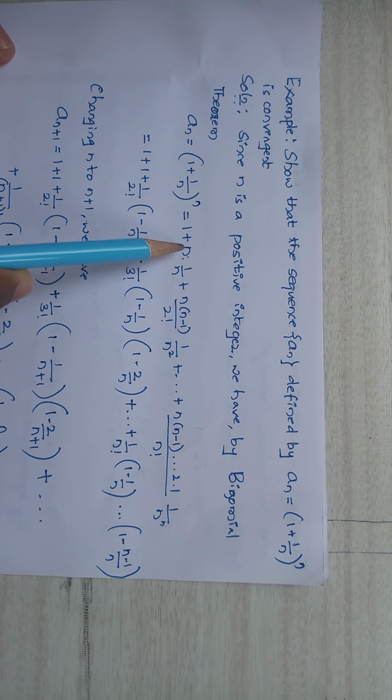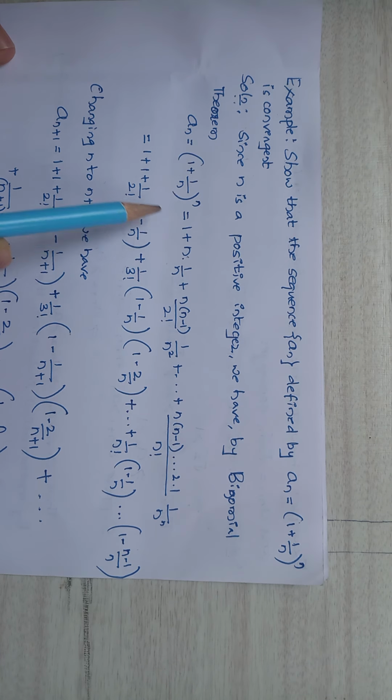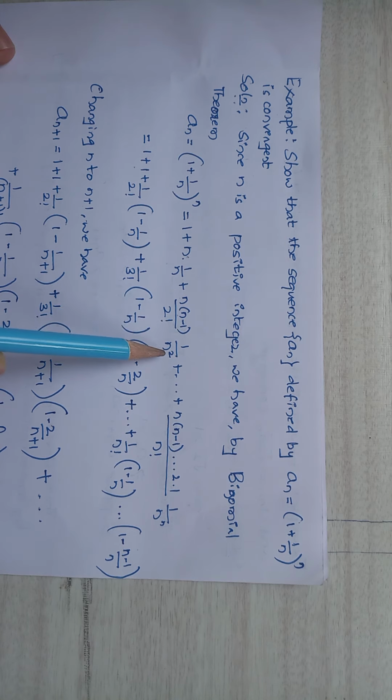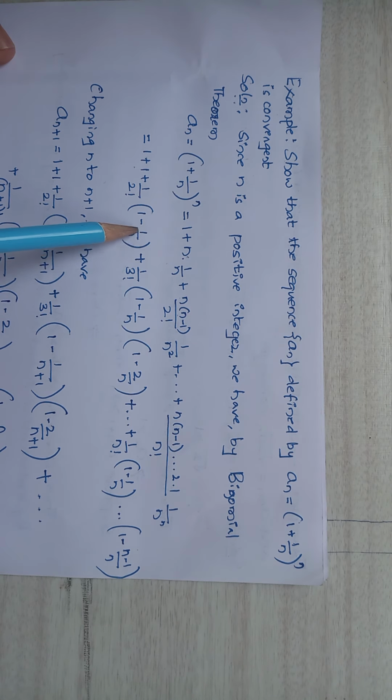So this n vanishes, 1 plus 1, okay, 1 upon 2 factorial, this becomes n square minus n divided by n square. So n square vanishes, remains what? n divided by n square is 1 upon n.